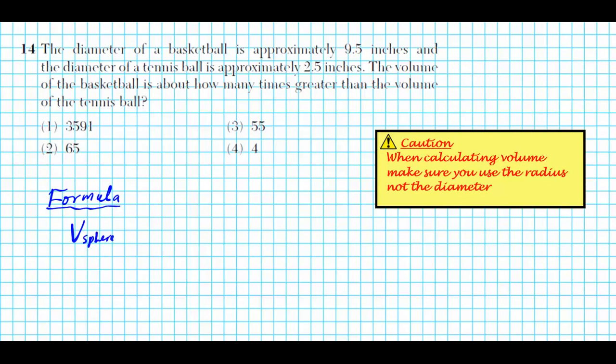Volume of the sphere is given by 4/3 pi r cubed. We're using the radius here. And let's put a side note here: the radius is equal to the diameter divided by 2. In this problem, we were given the diameters, so we're going to use these measures to get the radii.